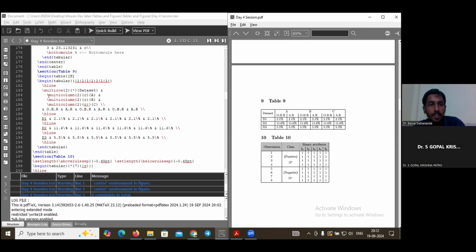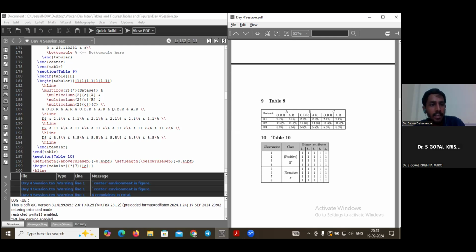Now multicolumn. Each of the headings A, B, C is divided into 2 columns. That's why I have written \multicolumn{2}{c}{A}, \multicolumn{2}{c}{B} and \multicolumn{2}{c}{C}. That means these are all divided into two columns.